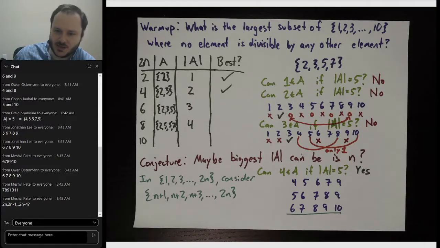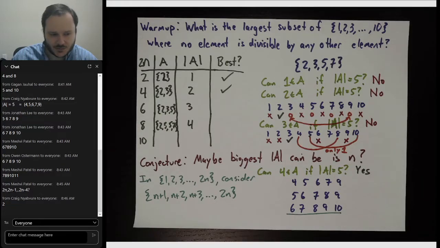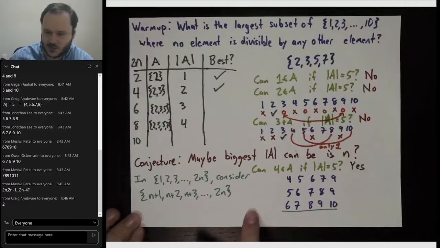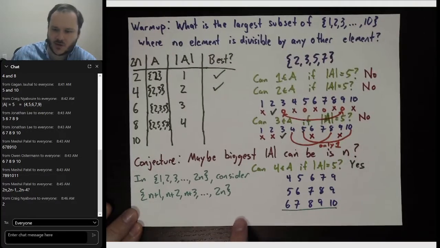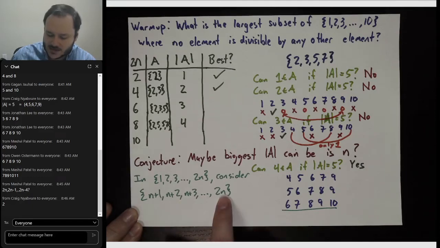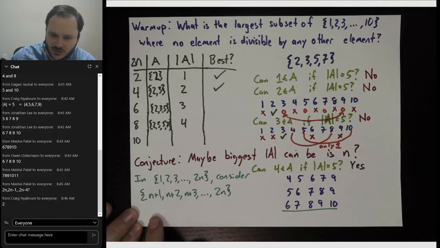What's the smallest number you can multiply something else by to get something new? 2. Right? Can't multiply by anything smaller than 2. If you multiply by 1, you just get yourself back. And since 1's not in this set, I don't have to worry about that. So, is there any number in this set that I can double and stay inside the set?